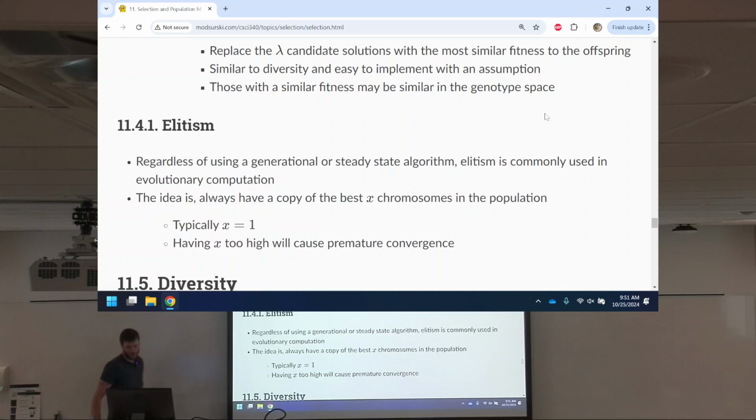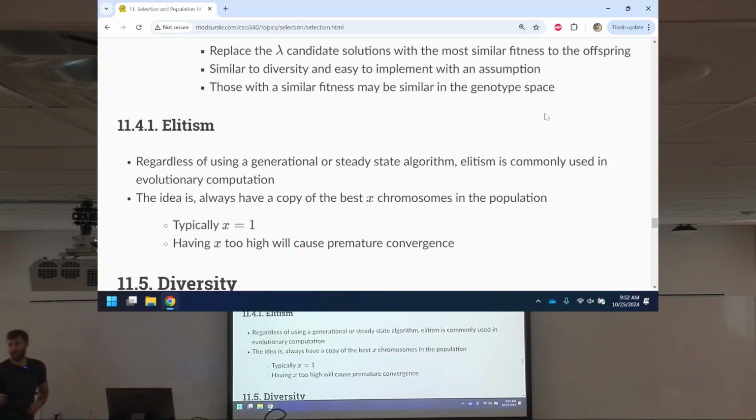Regardless of using a generational or steady state algorithm, elitism is commonly used. The idea is to always ensure the top X chromosomes from your population will make it to the next generation. This eliminates the ability for your best chromosome to die off.